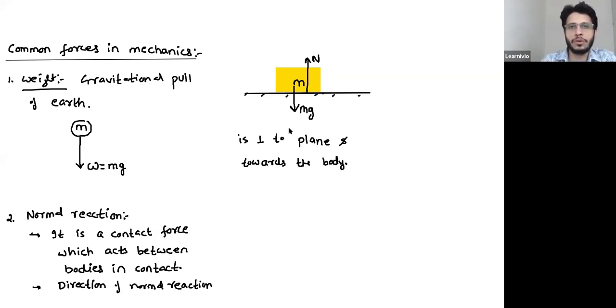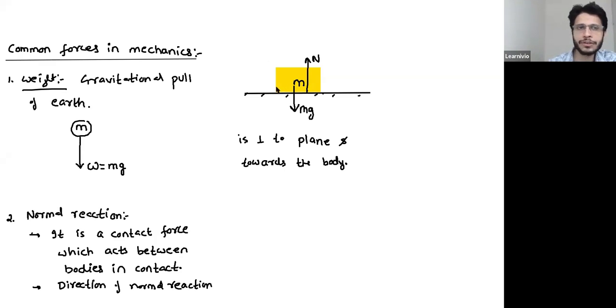It's perpendicular to the plane and towards the body. That's the normal reaction acting on the body. So wherever you have contact between two solid surfaces, you will have normal reaction.